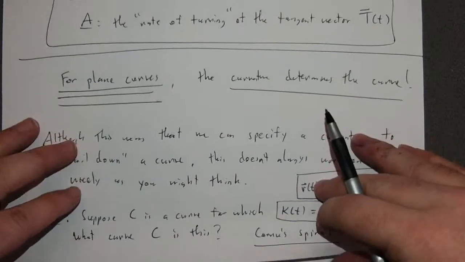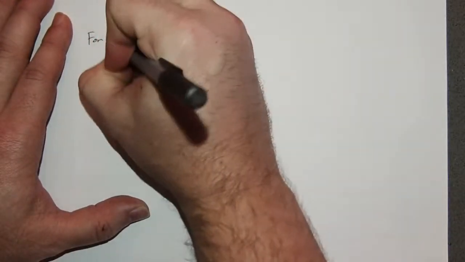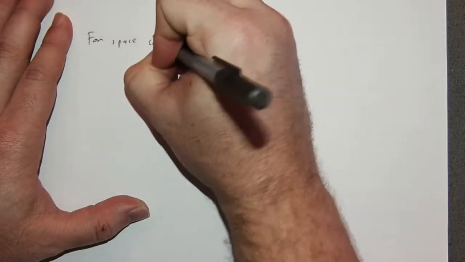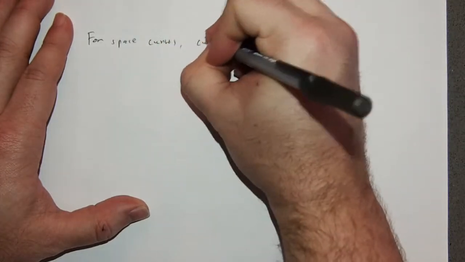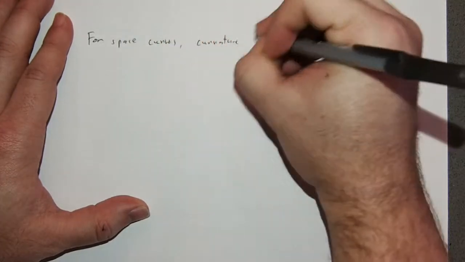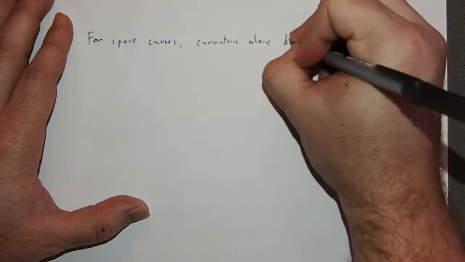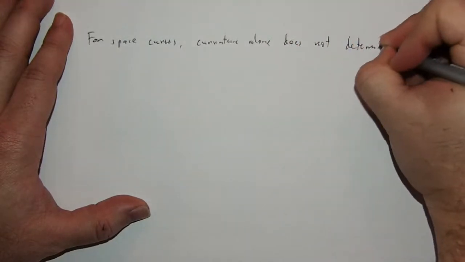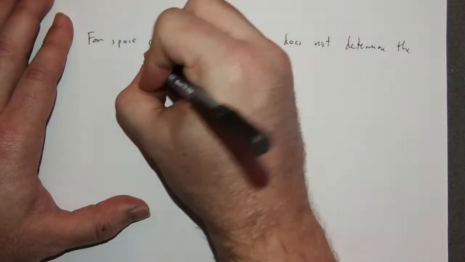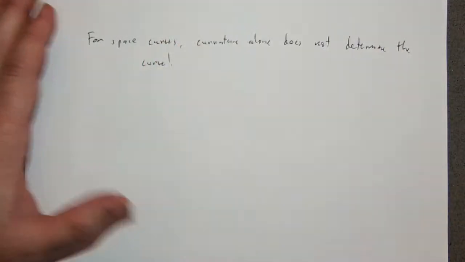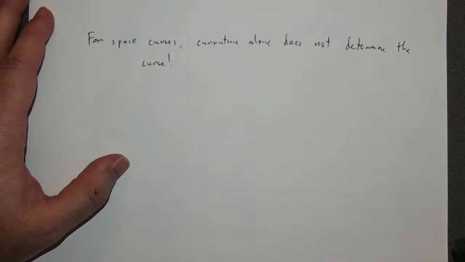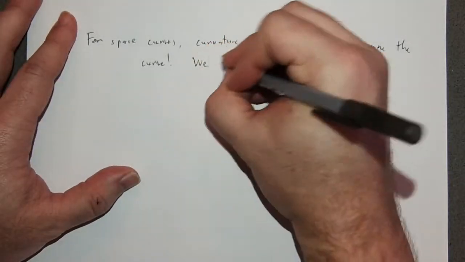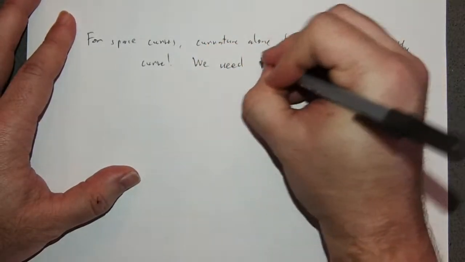So, I'll write a couple more things and then I'll be done. For space curves, curvature alone does not determine the curve. We need torsion.